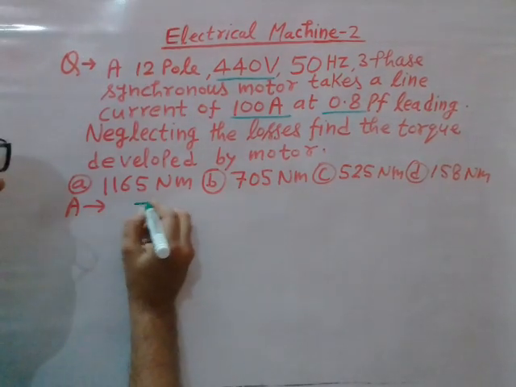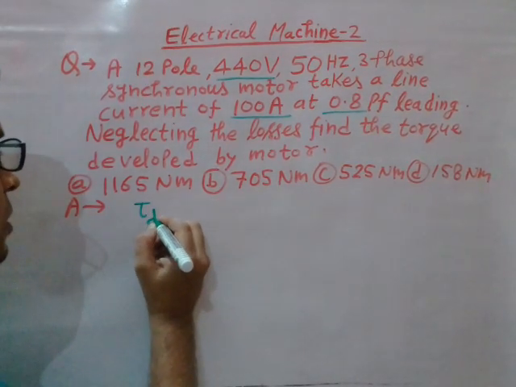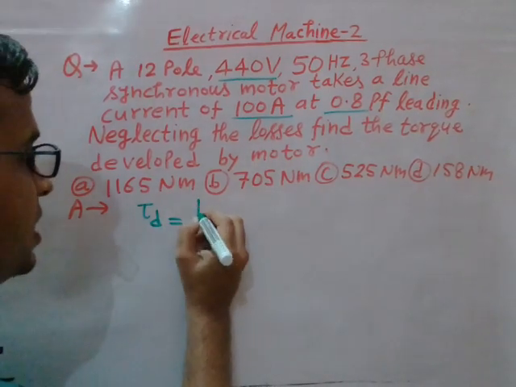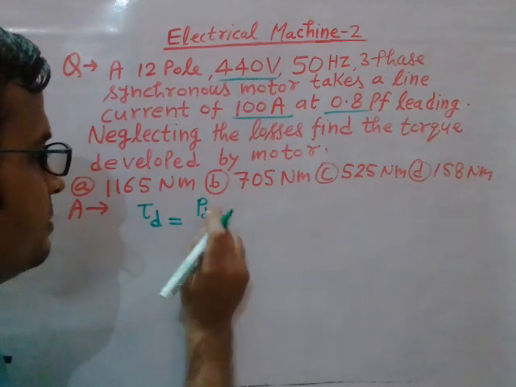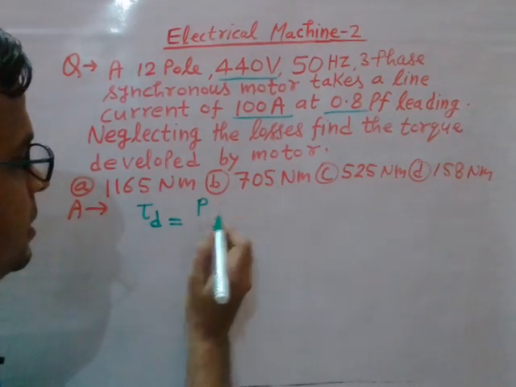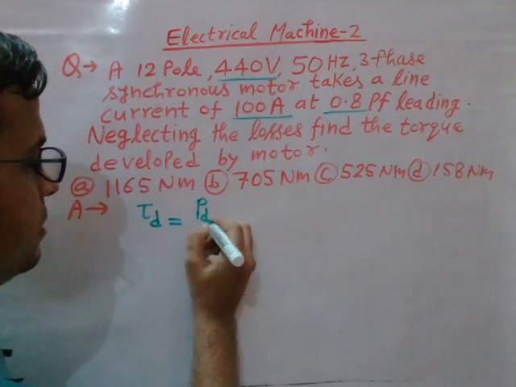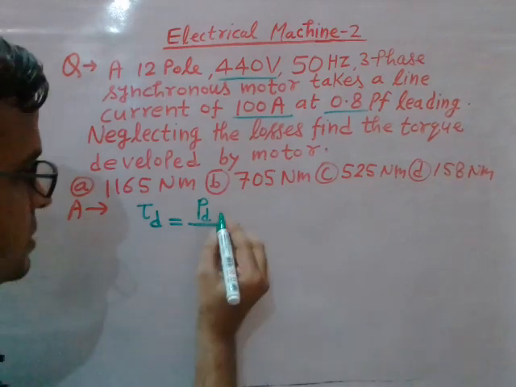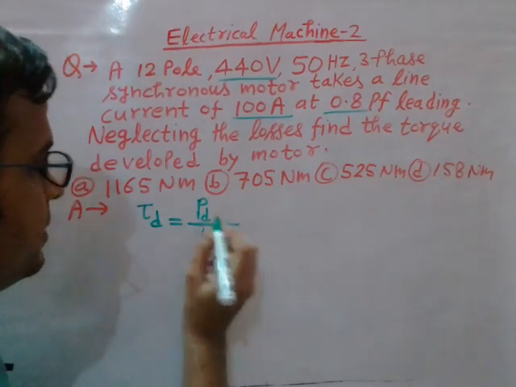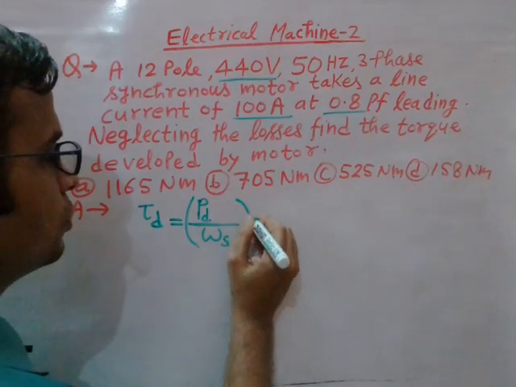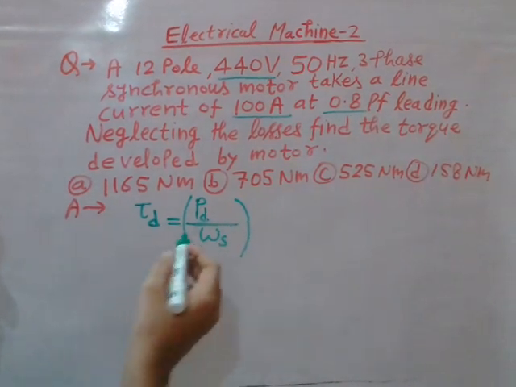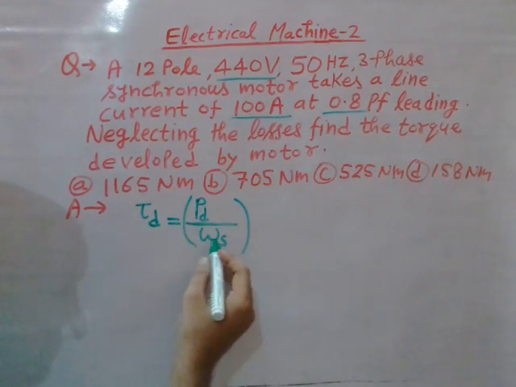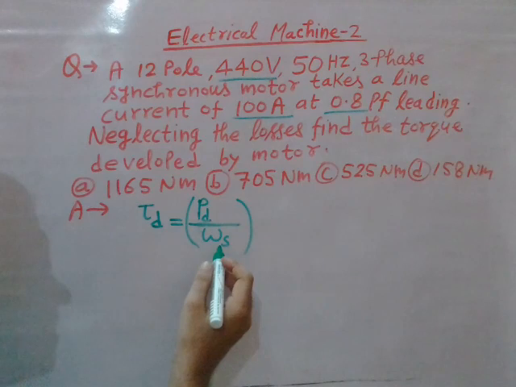The very basic relation of the torque developed: torque developed is nothing but the developed power, let me call it P developed, PD, divided by the synchronous speed in air gap, right?